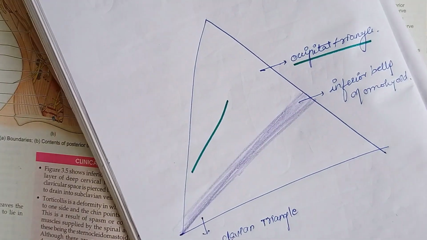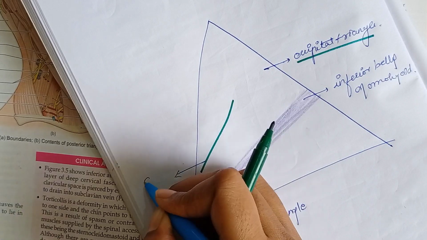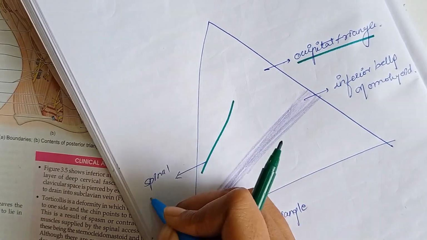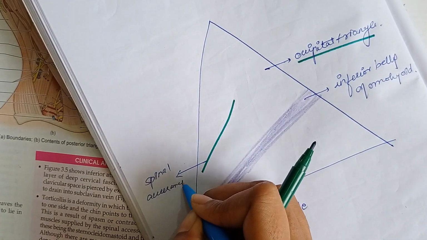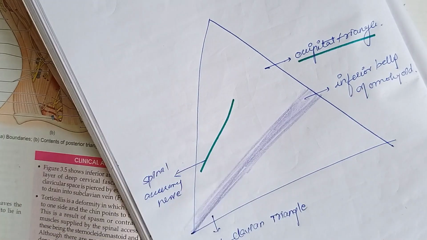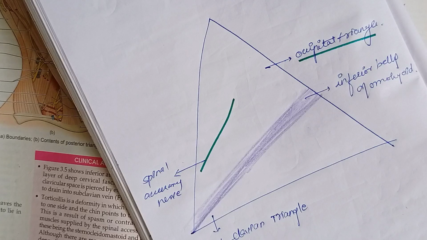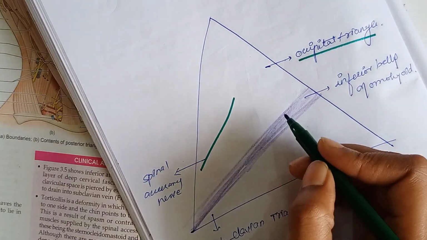Spinal accessory nerve is present, and then the superficial branch of the transverse cervical artery is present.